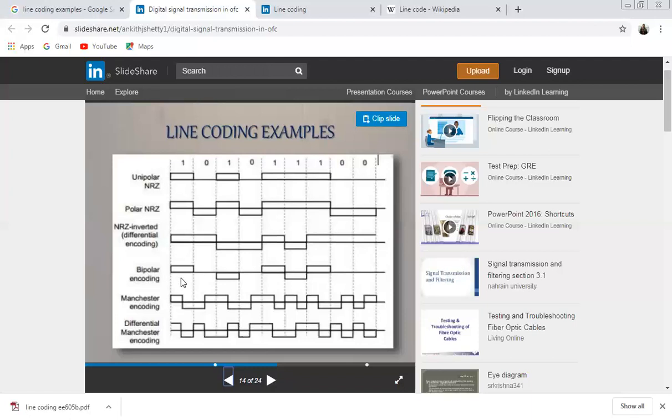Now the Manchester coding, that is also a split phase technique. Why split phase technique? One symbol, or data period, is divided into a half period high and a half period low.